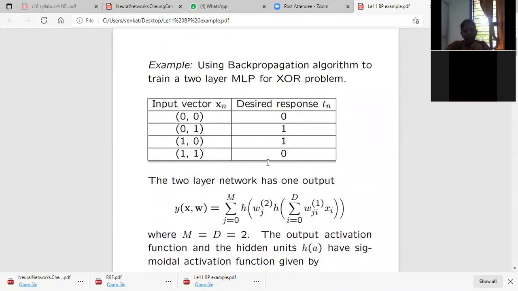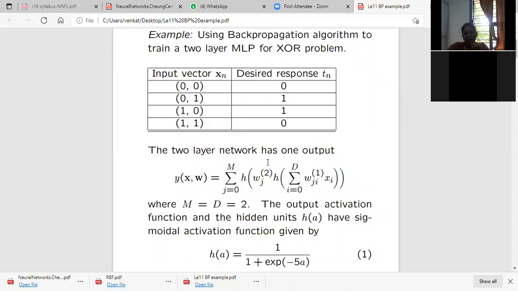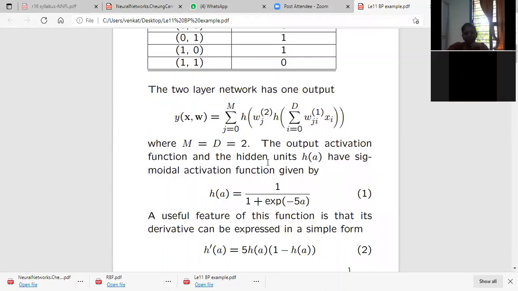You are using the backpropagation algorithm to train a two-layer network for solving the XOR problem. The neural network has a two-layer structure with a single output.